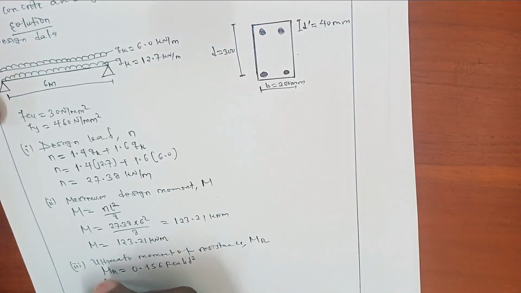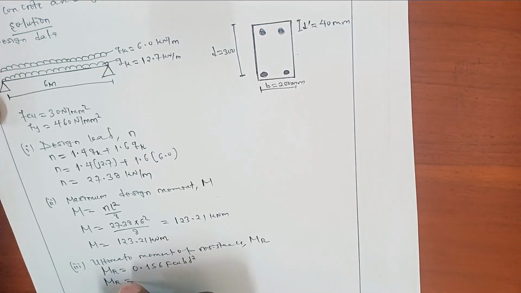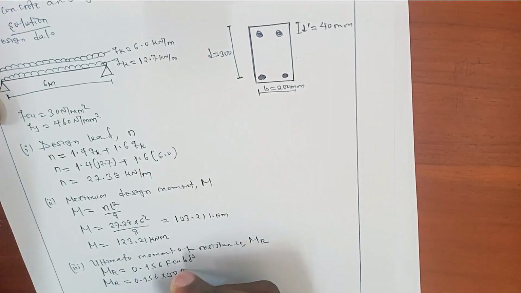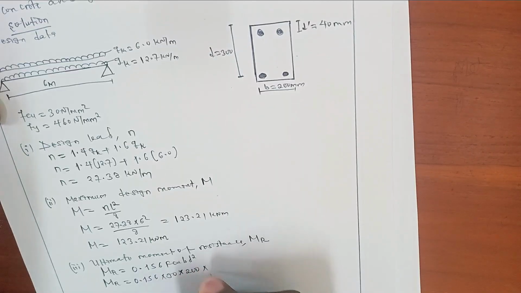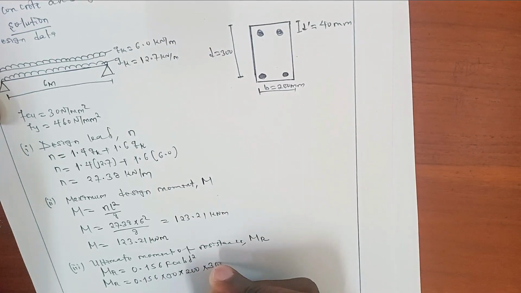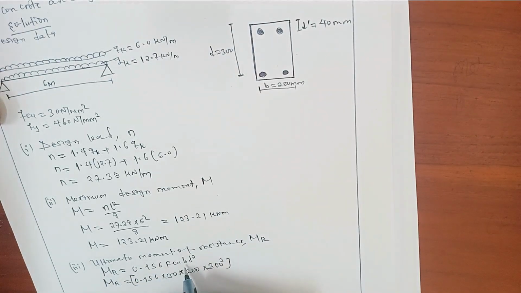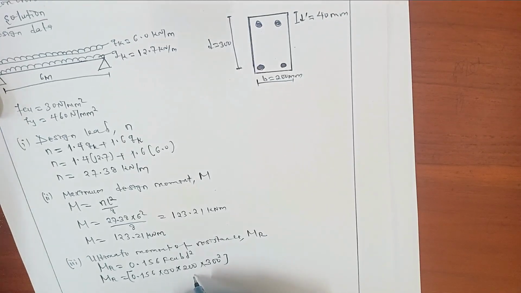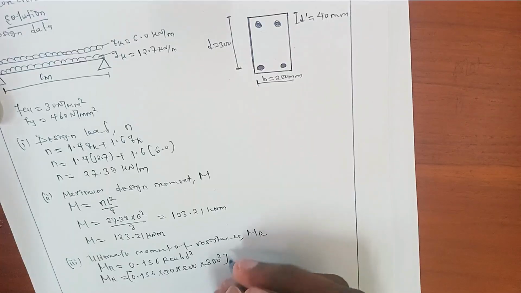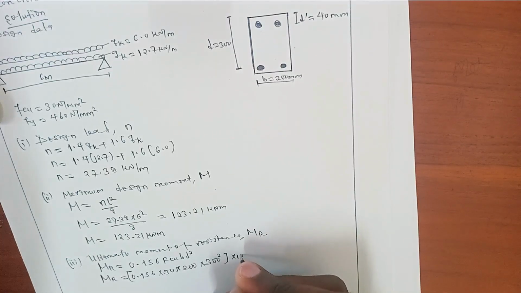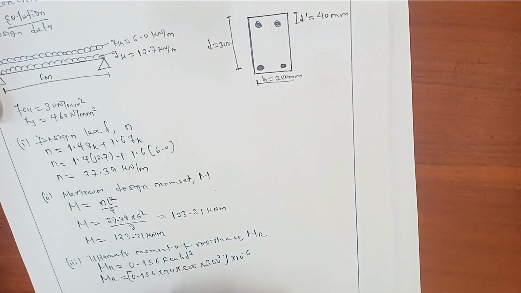So 0.156 times 30 times 200 times 300 square. Since the dimensions are in millimeters, to convert to meters we multiply by 10 to the power negative 6, so it will be in kilonewton meter.